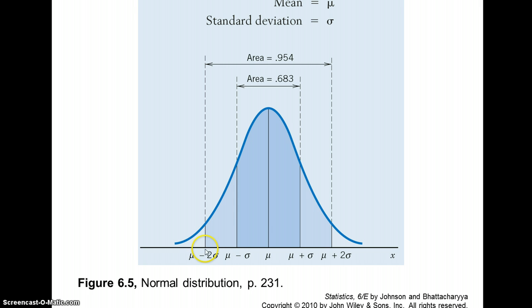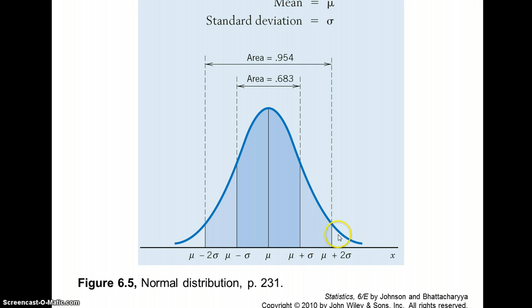And then if we do 2 standard deviations: one standard deviation gives 6 and 7. If we go 2 standard deviations, it's 6.5 minus 1, which is 5.5, and 6.5 plus 1, which is 7.5.